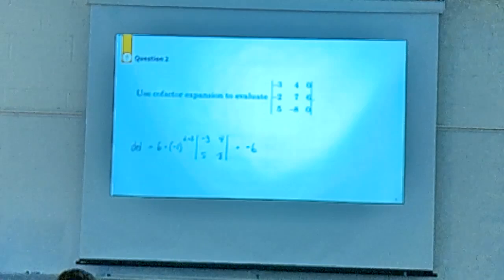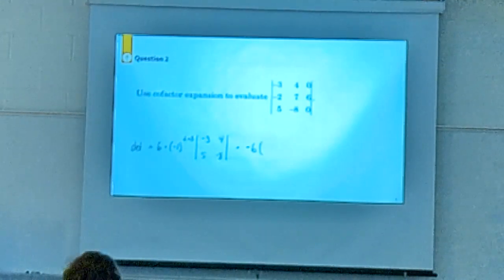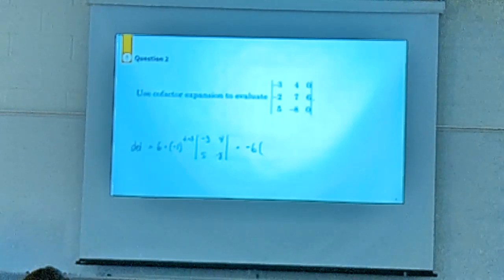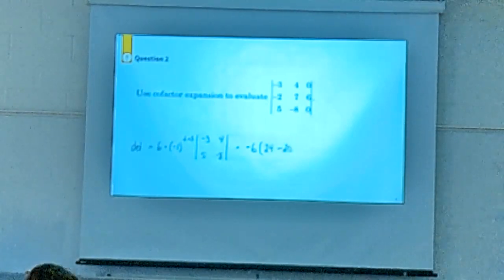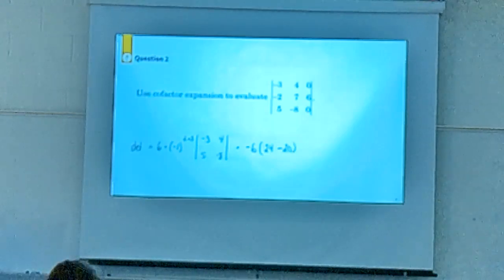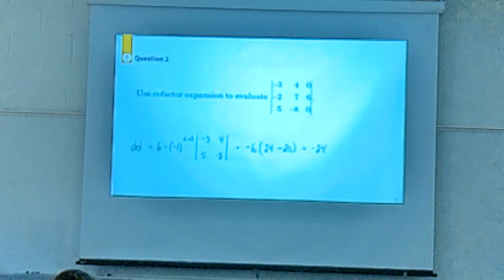Right, negative 1, 2 plus 3 is negative. Negative 6 times negative 3 times negative 8 minus 4 times 5. Should get negative 24.